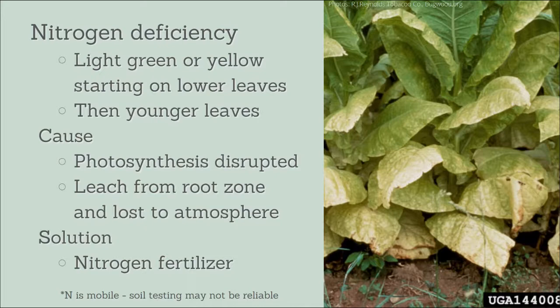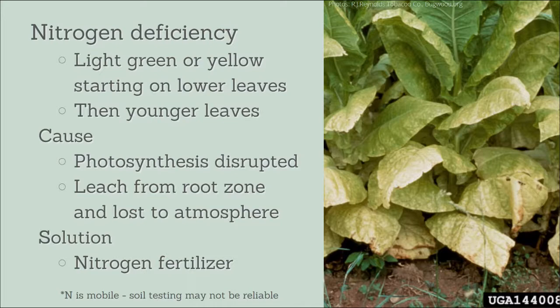You can see it's probably been going on for a little while because it did start at the bottom, but it's really high up on that plant. I could just see the very top inner portion of that plant that's still green, but that may even be a little washed out.